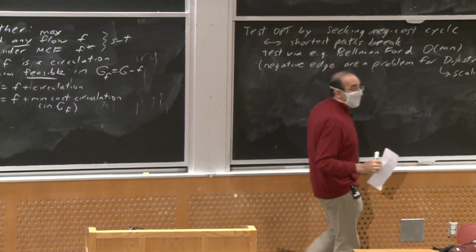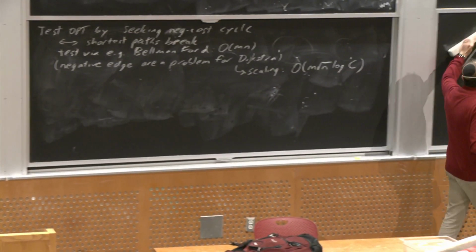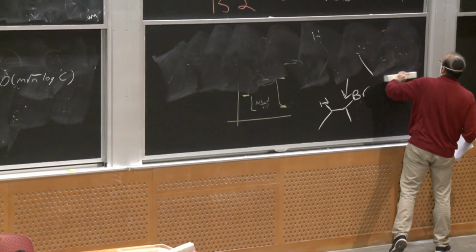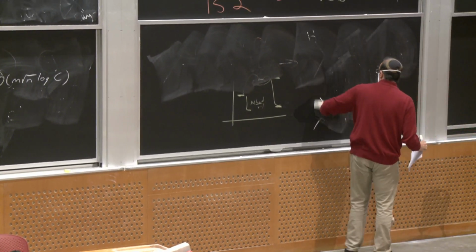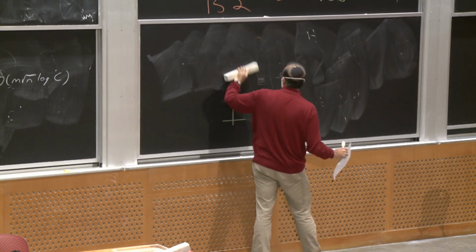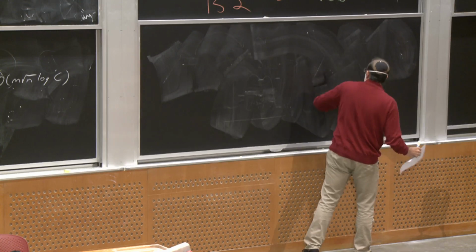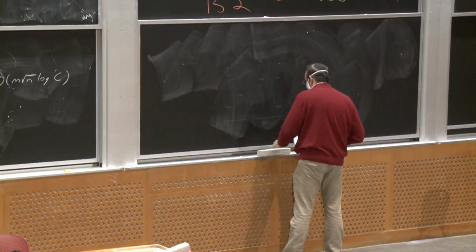Okay, that's testing for optimality, but that also gives us a first step towards achieving optimality. So, you know, we now have a detector for a non-optimal flow, right?